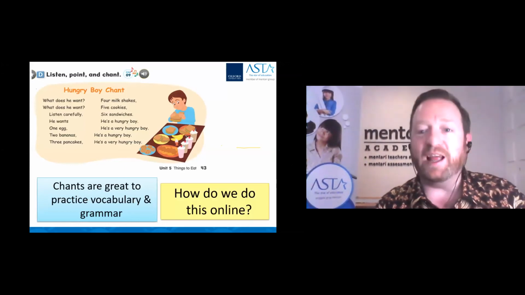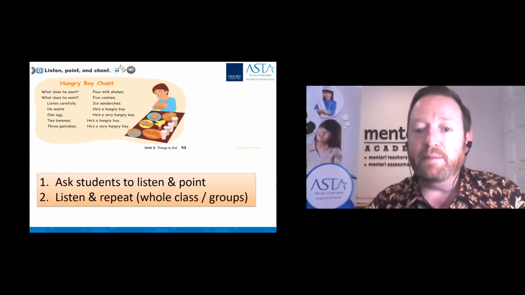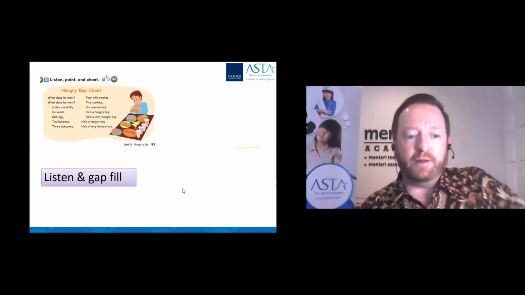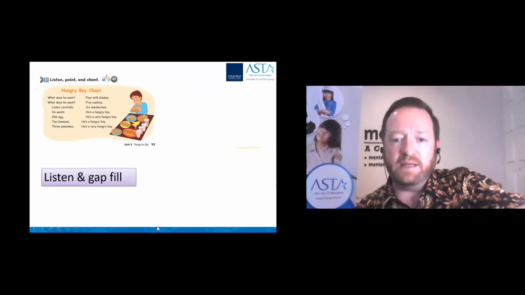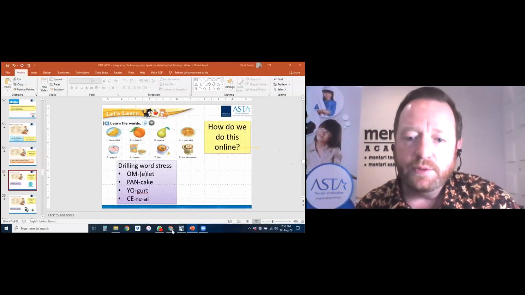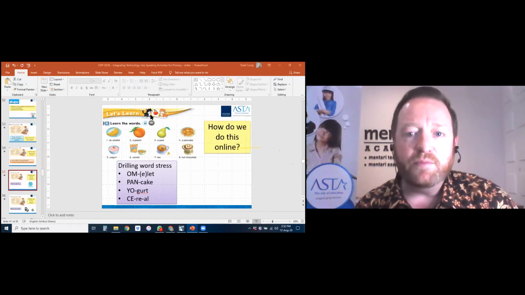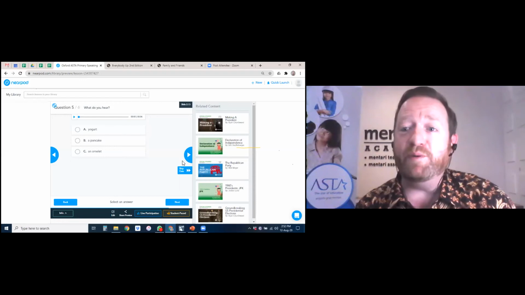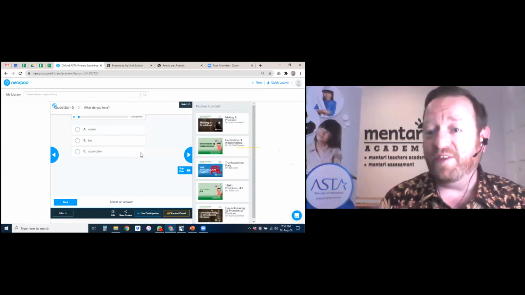Sorry, I just realized we're running out of time here. But let me quickly show you the gap fill activity that is on Nearpod, just as a way to show you a small number of functions on this Nearpod app.